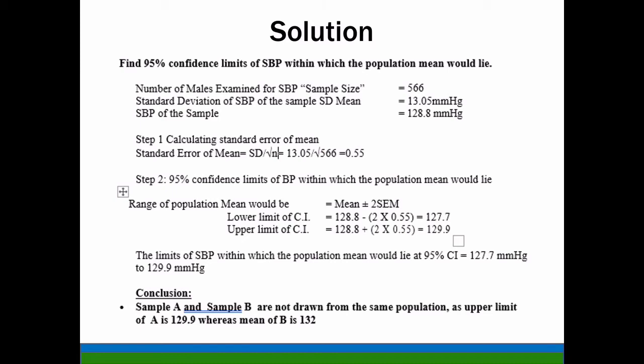Now step 2: the 95% confidence limits of BP within which the population mean would lie. The range of the population mean would be mean plus or minus 2 standard errors of mean. The lower limit of the CI is 128.8 minus 2 into 0.55, that is 127.7.